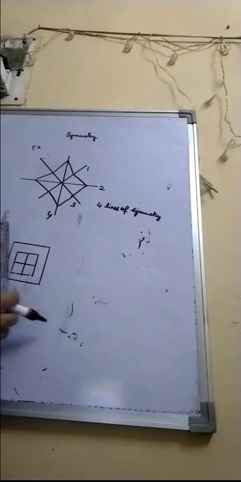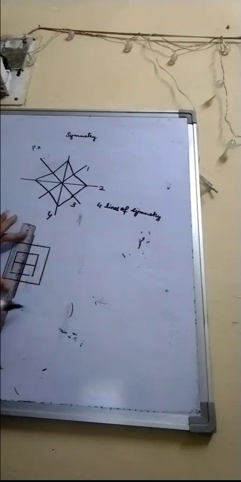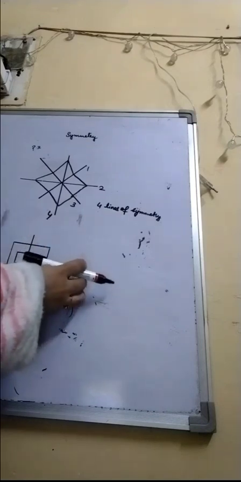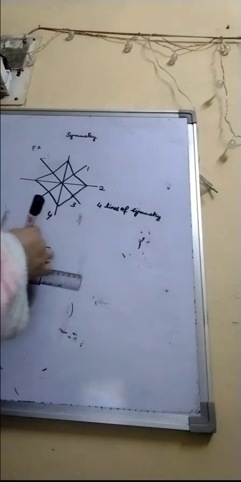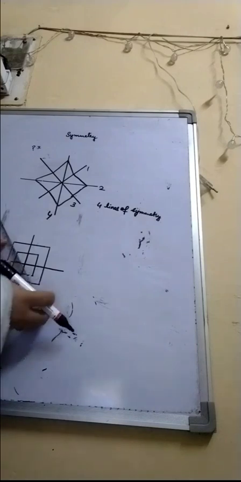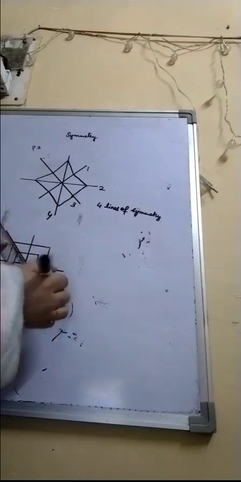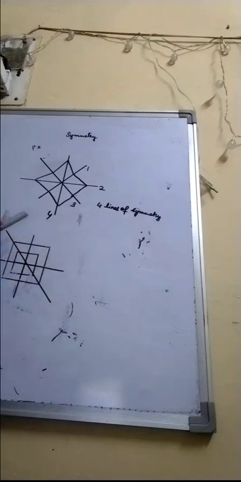So what are the lines of symmetry? One is the vertical line of symmetry, the other is the horizontal line of symmetry. It would divide both squares into equal parts. Then if you join the corners diagonally, this is the third line of symmetry.